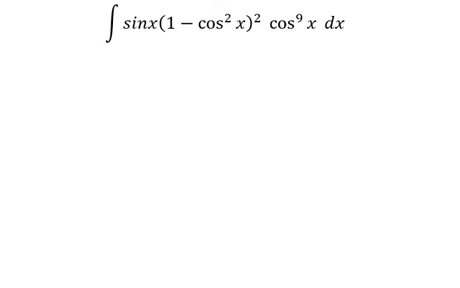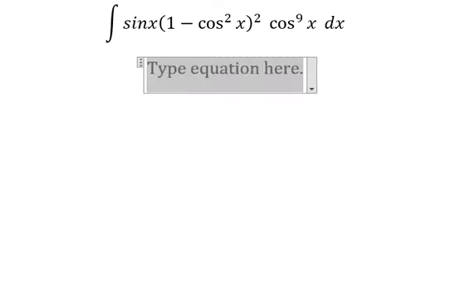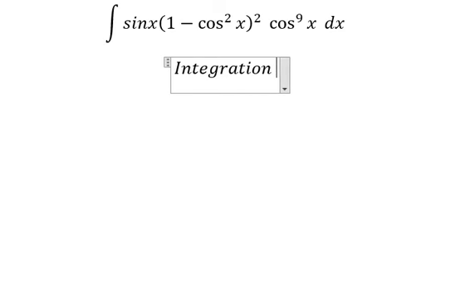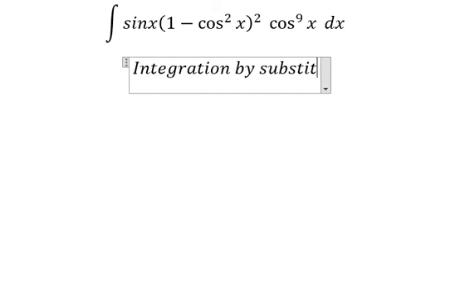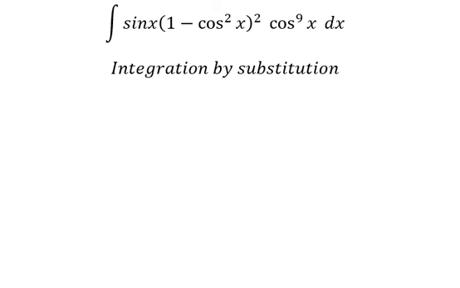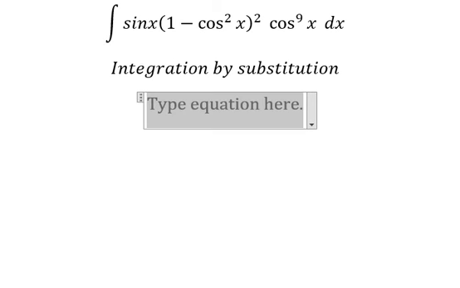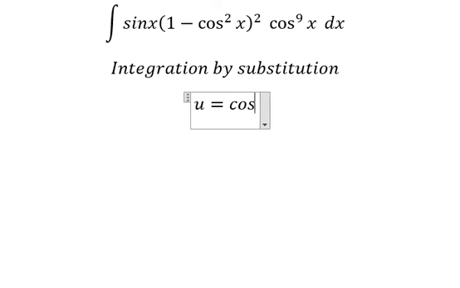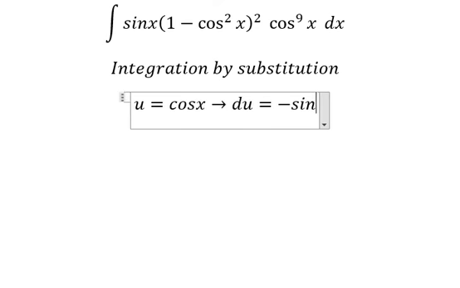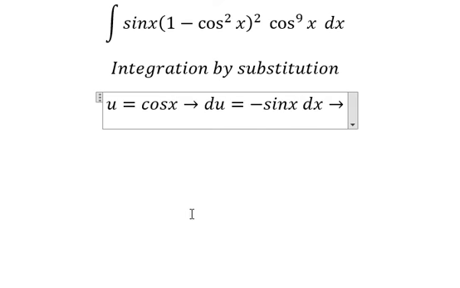Next, we can use integration by substitution. So I will put u equals cosine x. After that, we first take the derivative of both sides, and we have negative sin x dx.